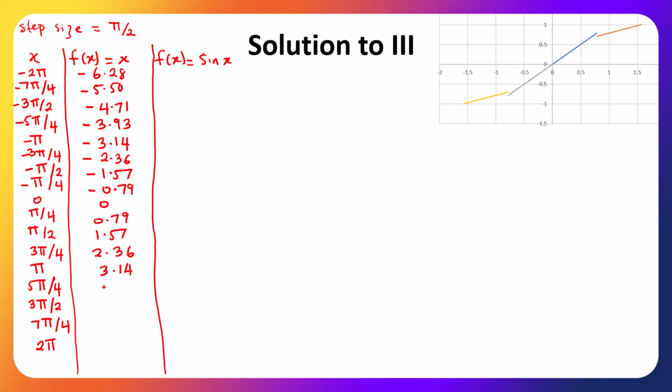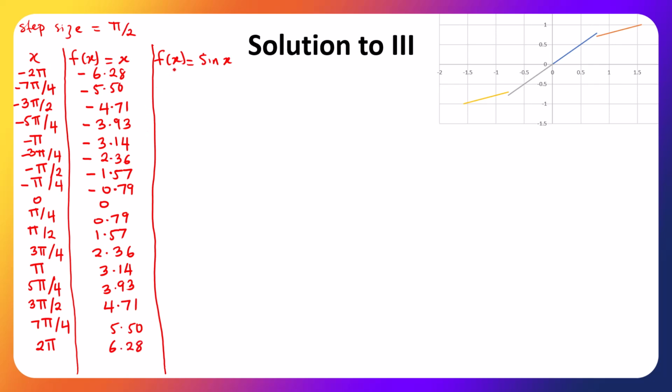Next we have 3.93. Next we have 4.71. Next we have 5.50. And the last, 2 pi, we have 6.28.